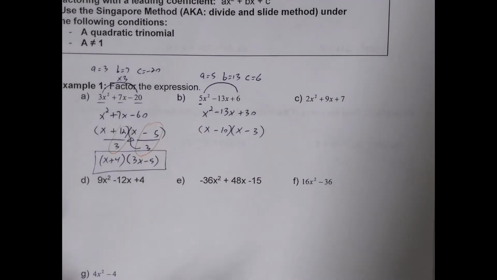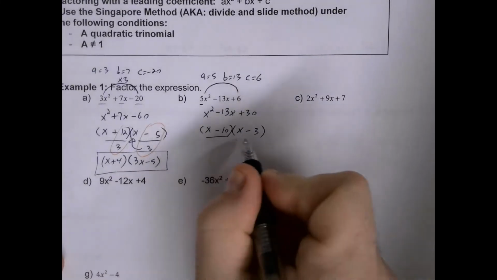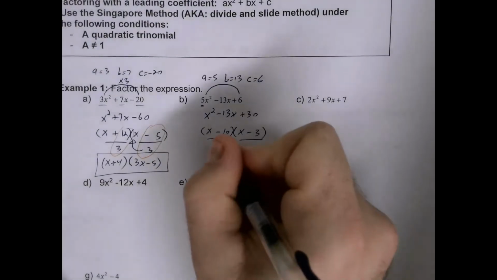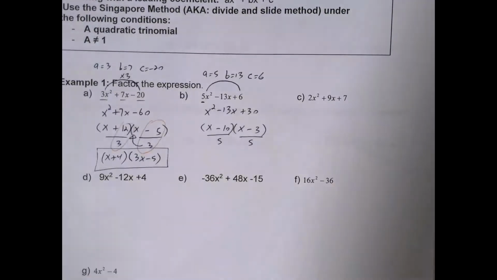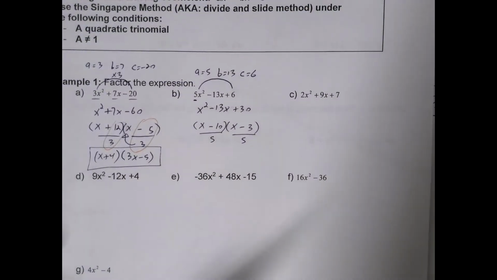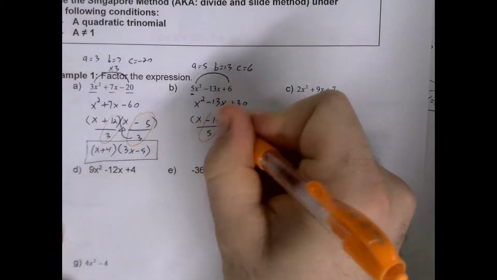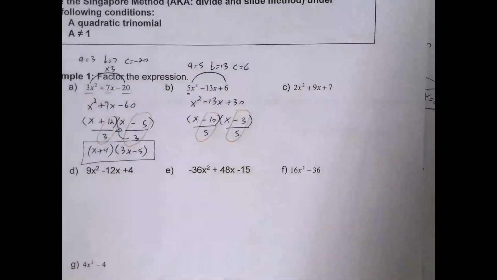Okay? So, all right. Now, you guys tell me now. I multiplied by 5 in the beginning. So what do I do at the end? Divide by 5. Very good. So just divide each by 5 at the end. And then circle the last terms. That's all you want to focus on. Okay?